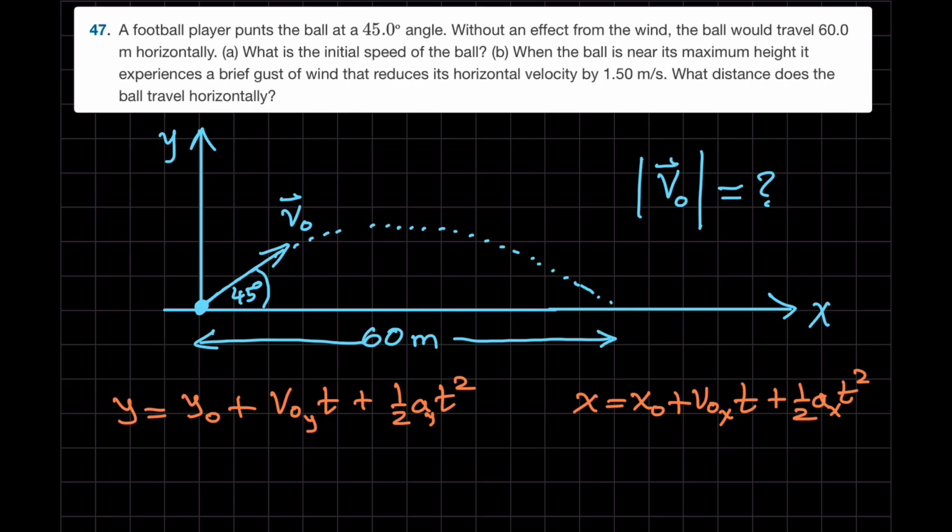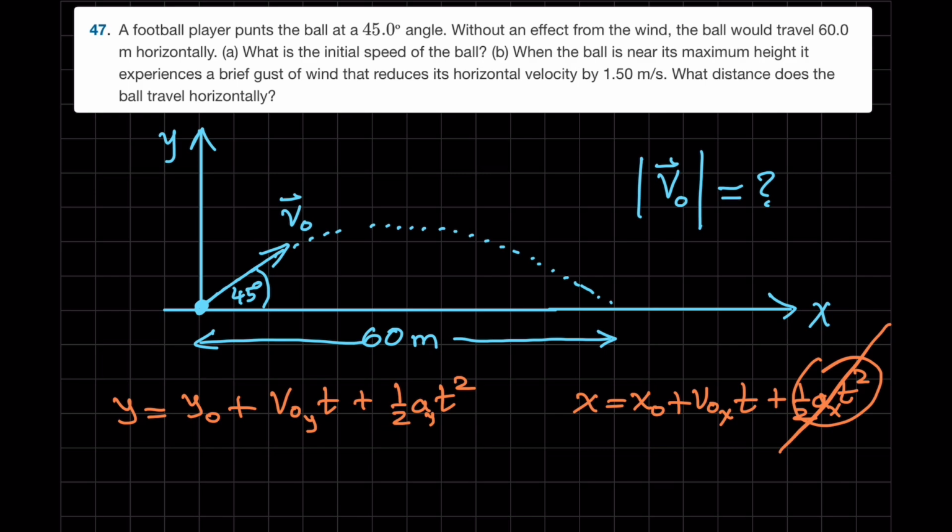So they're symmetric, exact same equation, just writing it for x and y. In the case of x, what we're going to say is we're going to get rid of that acceleration term because we're ignoring the effect of the wind. We'll get to the wind in the second part of the problem, but for the first part, we're just completely ignoring the wind just to get an idea of how this would work if there was no air resistance.